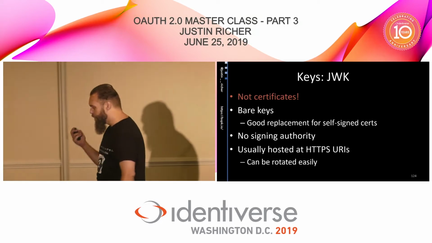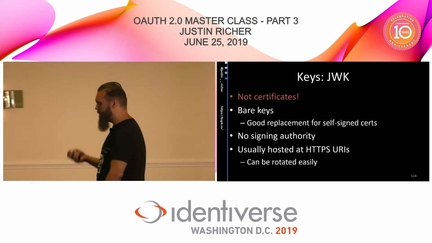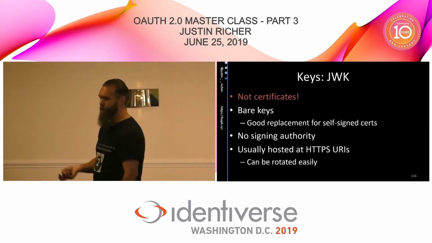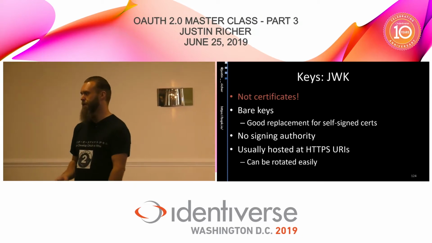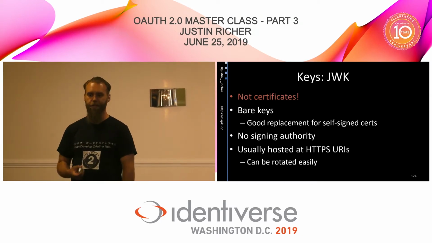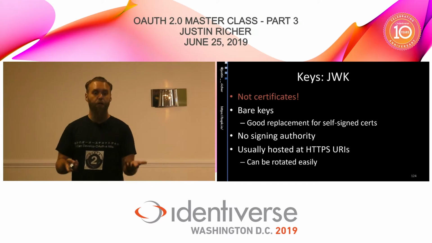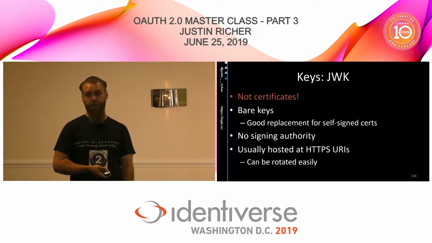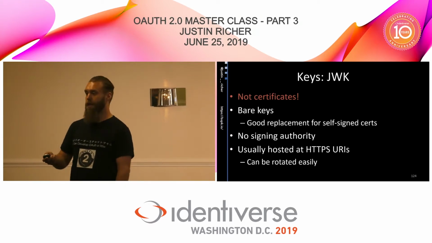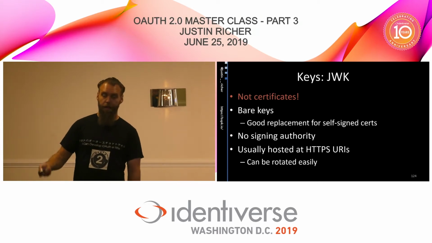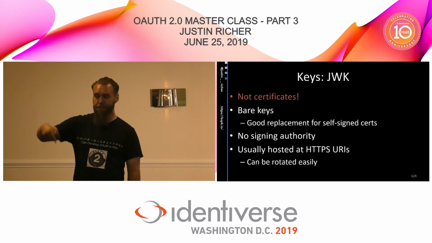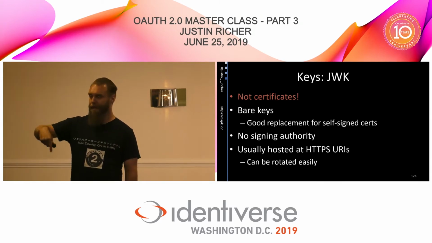And these are really, really good replacements for where we would traditionally use a lot of self-signed certificates at the application level. Because think about it, what are you really saying with a self-signed certificate? You're saying that I have a key, or I have a key pair, and it's this specific one, and that's all that you care about.